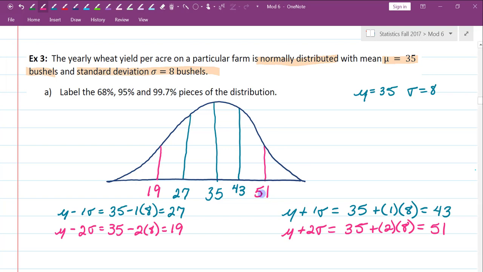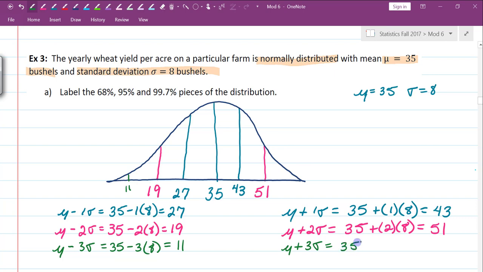Now let's do our 99.7. So if I go mu minus 3 standard deviations, that's going to be 35 minus 3 times 8, which will be 24, and that is 11. So 11, and then we go mu plus 3 standard deviations.